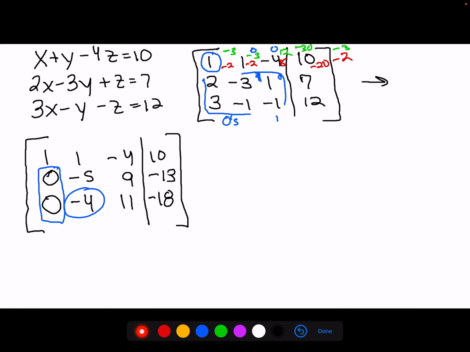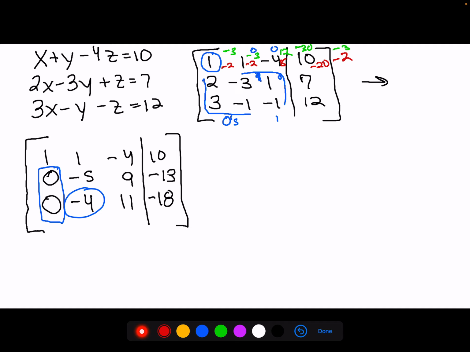So I don't want to do anything with the first row, because if I try to add, I'm going to end up changing that 0. So I'm going to focus on using multiples of the second and third rows, combining them and replacing the third row with that combination. So it's again like using the elimination method.